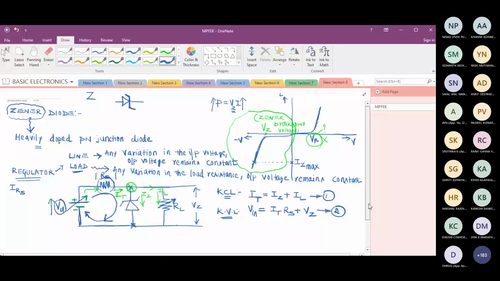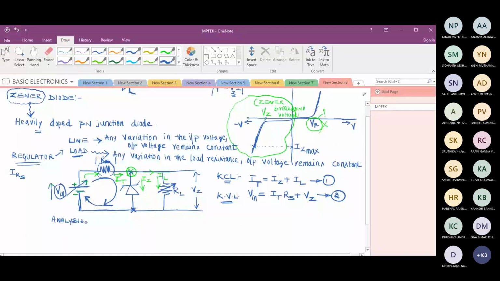Suppose V in increases. If V in value increases, I'll change the color of the pen and show it in equation number 2. If V in value increases, what happens?